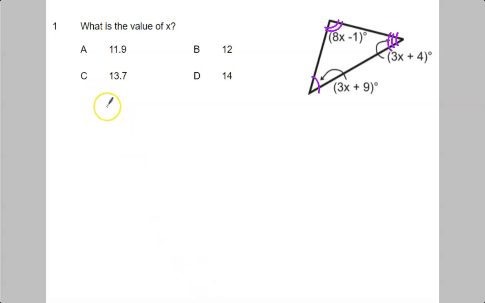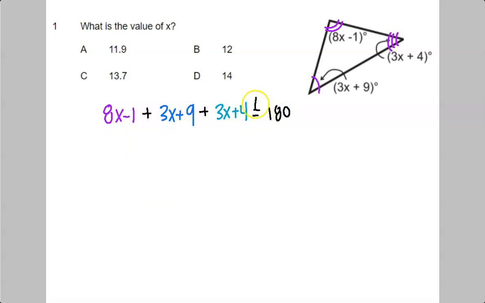So we're going to start with 8x minus 1. We're going to add that with 3x plus 9, and we are going to add that with 3x plus 4, and all three angles should add up and equal 180.